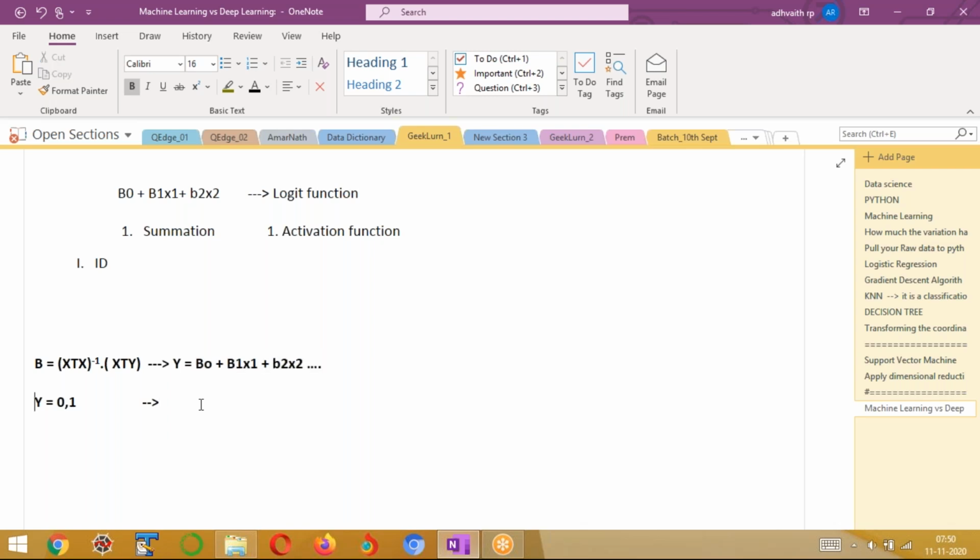If my target variable is in this nature, and my values are in this formation, what do I have to do to get these calculated values in the form of 0, 1? That is what I am asking. To convert these values into the form of 0, 1, what do I have to do?